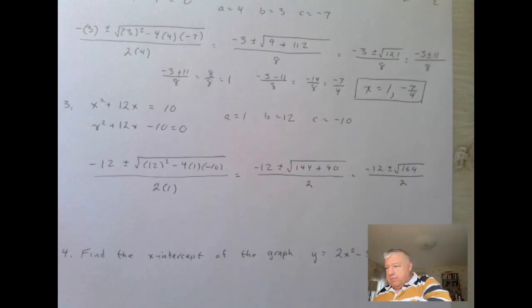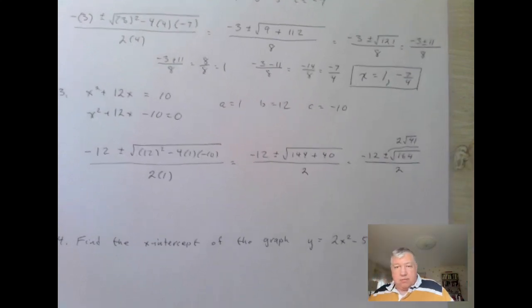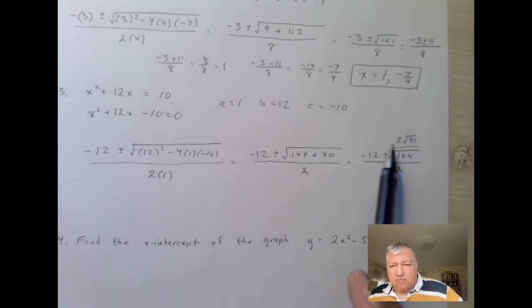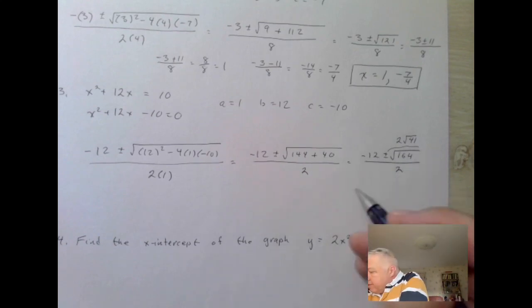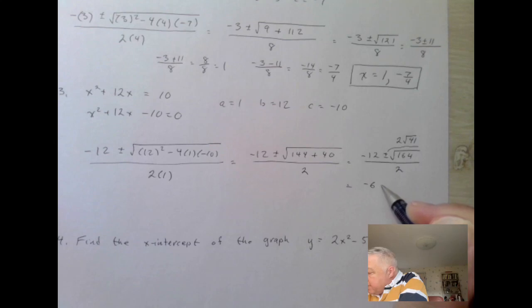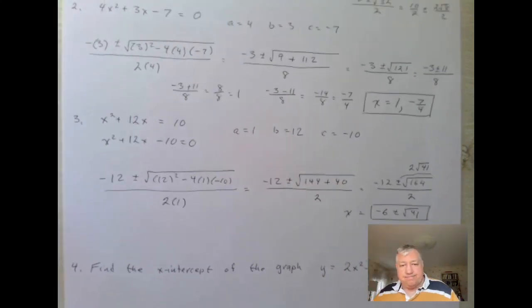And see, the square root of 164 is obviously not a perfect square, but we can actually write this as 2 times the square root of 41, because the square root of 4 times 41 is 164. So this becomes negative 6 plus or minus the square root of 41, okay, which is, I think, what we got in the other lesson. So that's what x will be in this case.